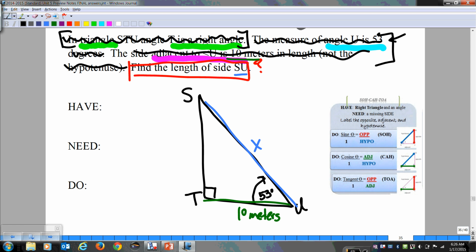Now we do have, need, do after you label. That's the opposite side. That makes this adjacent. And SU is our hypo.